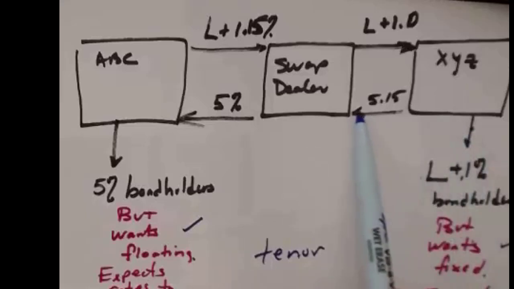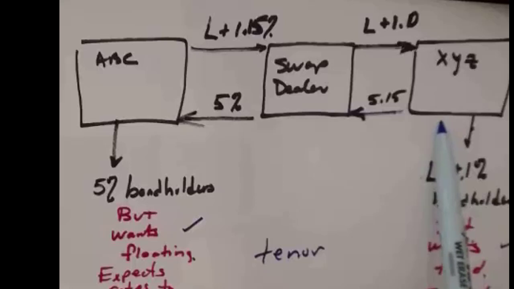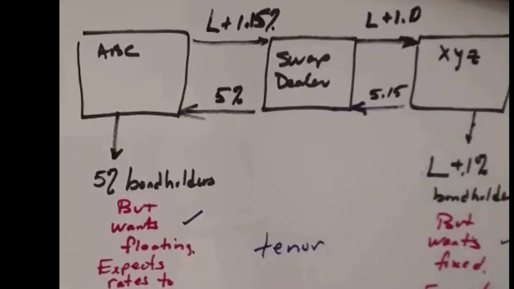And it ends up paying this 5.15% fixed. So it matches its desires. And so that's what a swap does. It allows companies to swap fixed for floating based on their expectations of where interest rates are going.